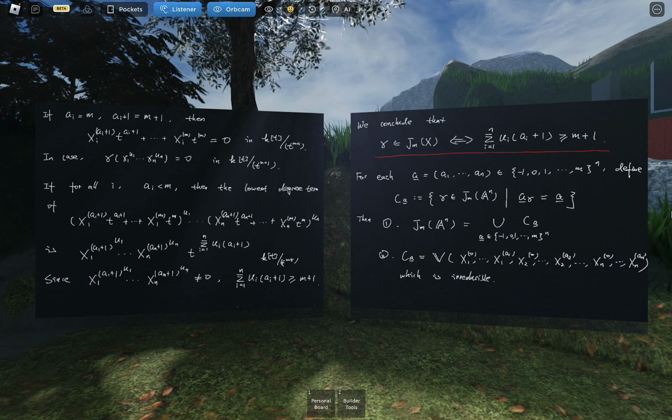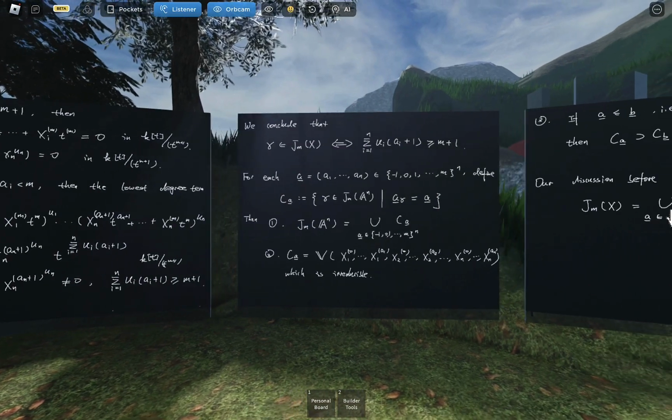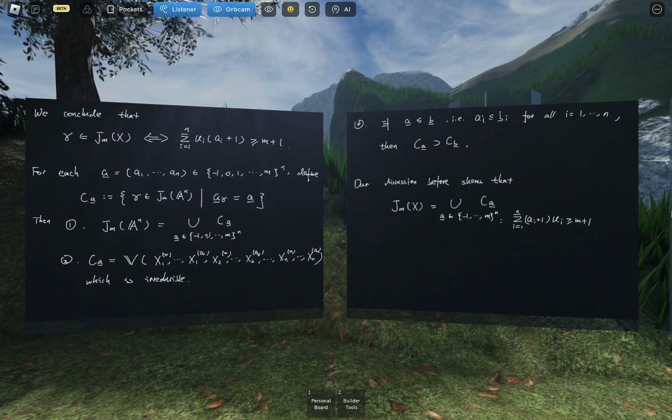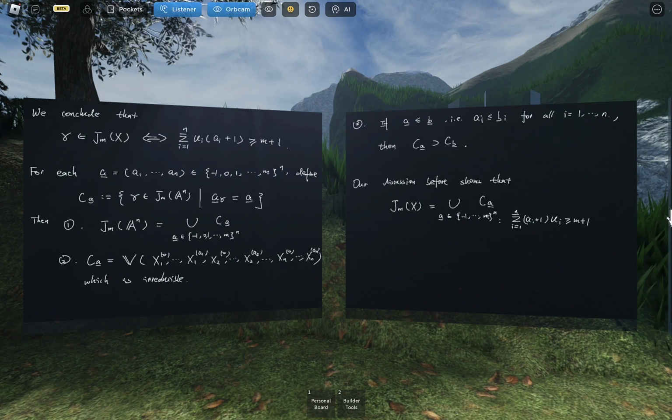For each gamma, we associate a tuple, and we also deduce a characterization of m-jets over X in terms of this tuple, which is this inequality. And also we have this ordering here.